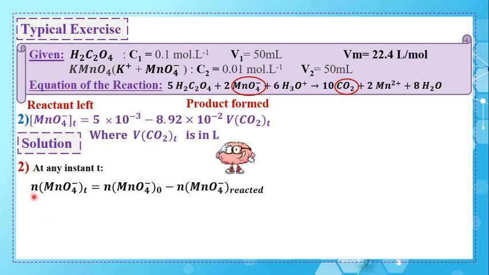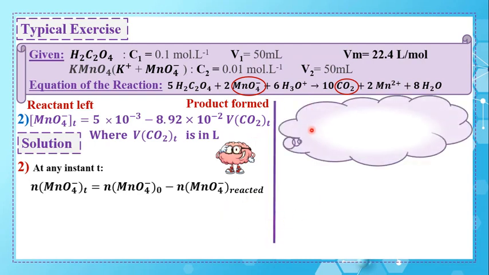Now I have to replace MnO4- reacted by CO2, and the stoichiometry of the reaction will help me, because according to it, the number of mole of MnO4- over 2 is equal to the number of mole of CO2 formed over 10.